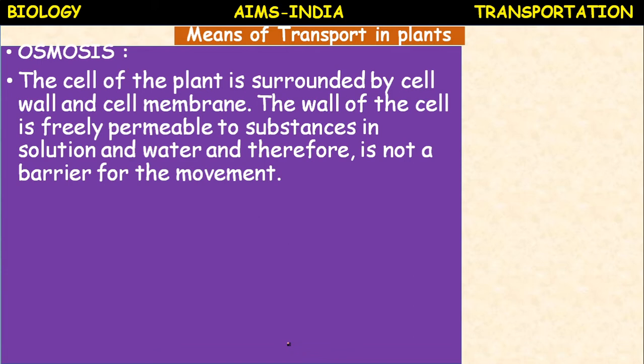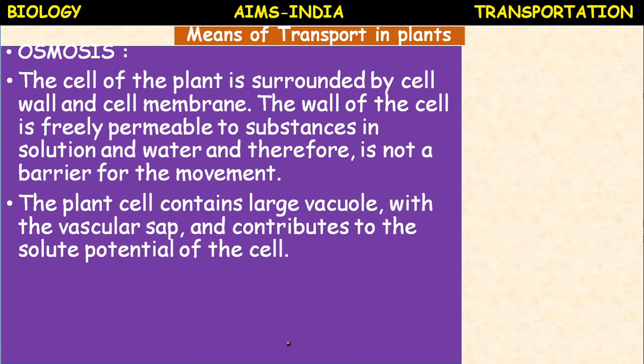Okay, the wall is not a barrier for the movement. The plant cell contains a large vacuole with the vacuolar sap. Okay, vacuolar sap means the fluid present inside the vacuole and contributes to the solute potential of the cell.